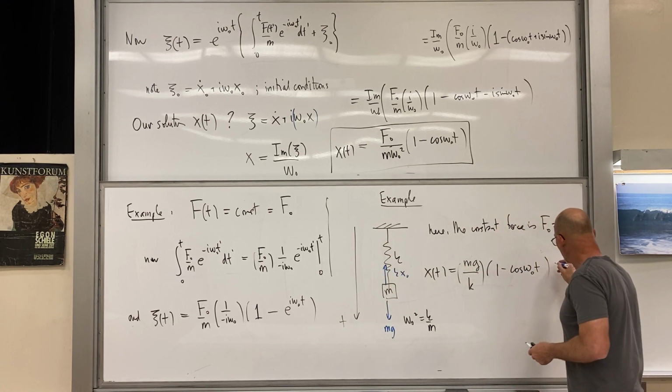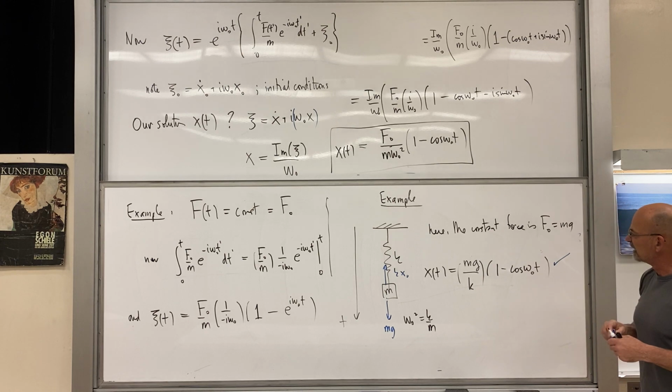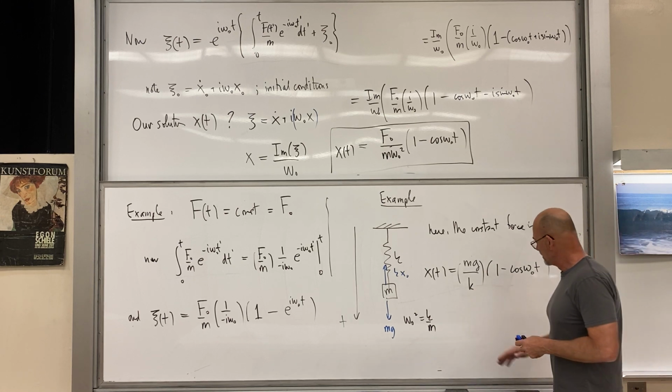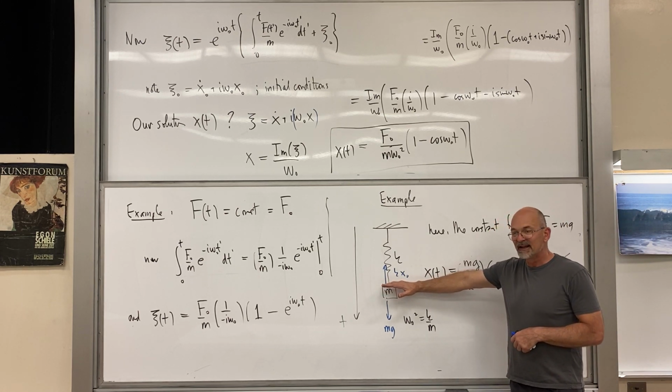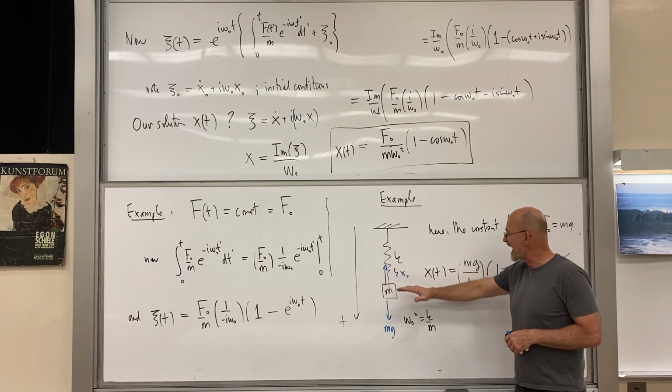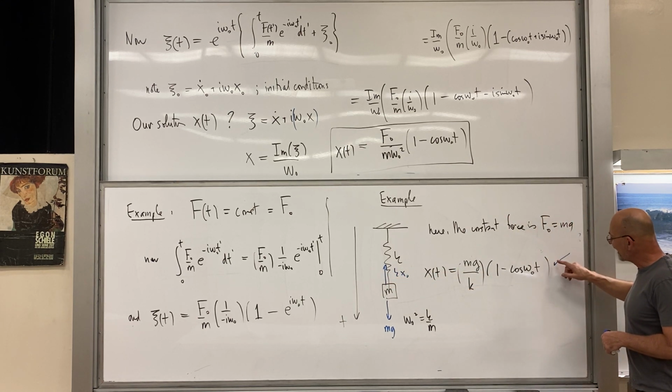Okay, so this thing is completely understood at that point. In fact, one more thing. If you release this thing from rest when the spring is completely relaxed, then that's your origin.